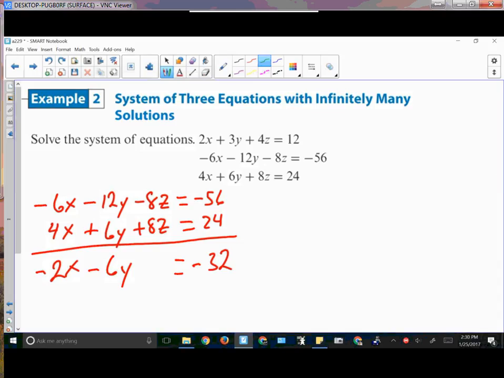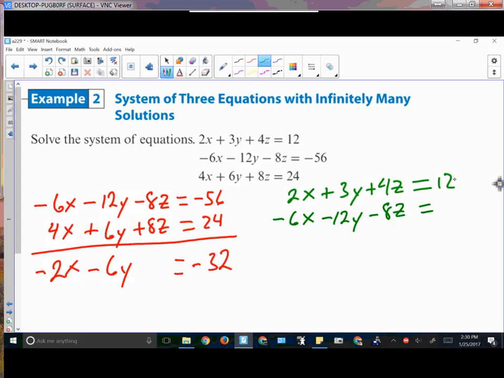Now I said I was going to pick on the first and the second. So I will take 2x plus 3y plus 4z is equal to 12. Then I am going to take my negative 6x minus 12y minus 8z, and this is going to be equal to negative 56. Okay? I got to get rid of the z's. So, multiply this equation through by a 2. Yes?